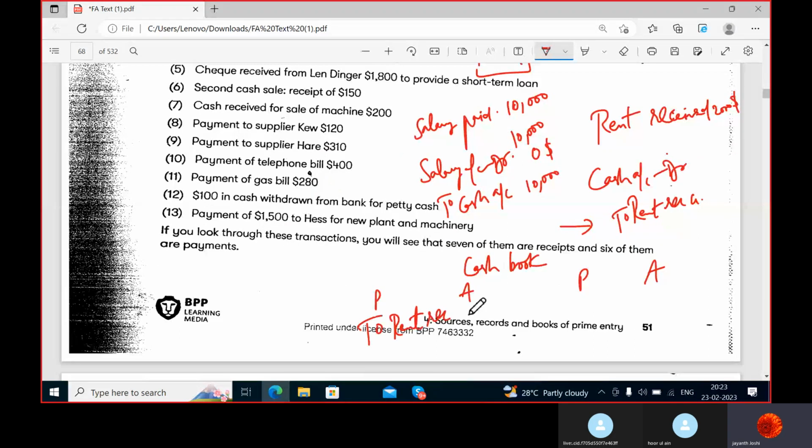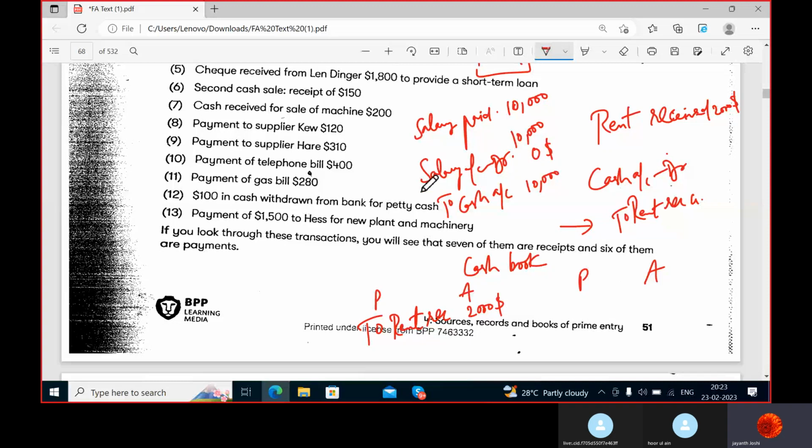Please tell me yes or no. Yes, sir. I will write in debit. Double entry system. I gave you the videos, it was very clear. In the cash book I won't write cash, I would write rent, in debit. Why? Because debit shows increase in cash. My cash has increased because I received rent.